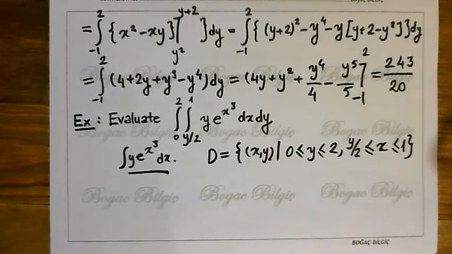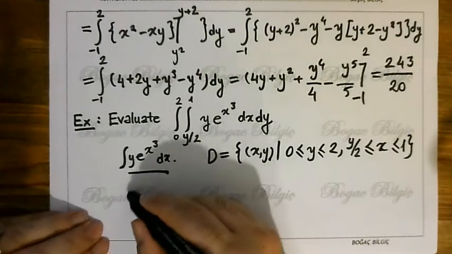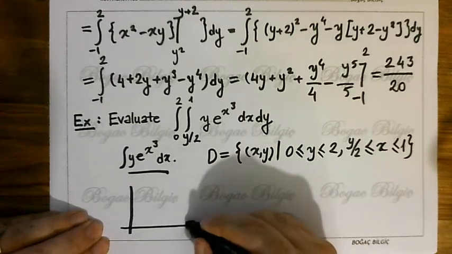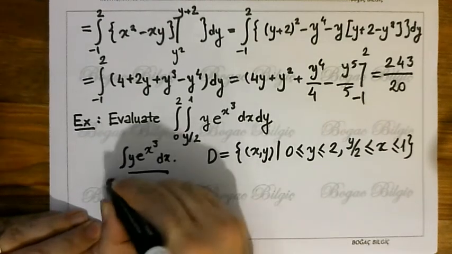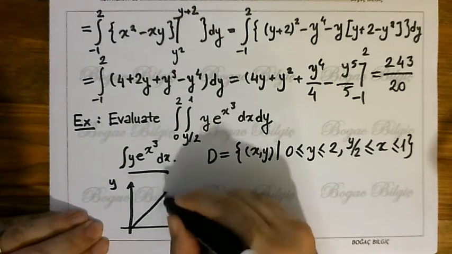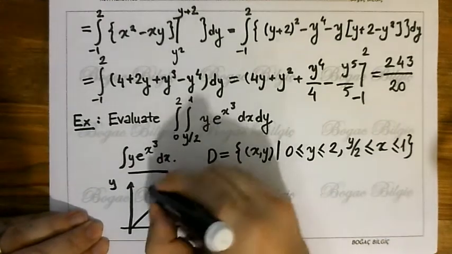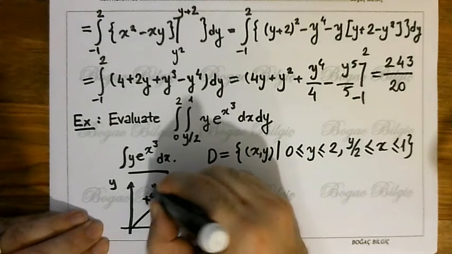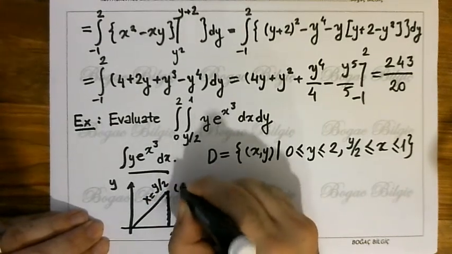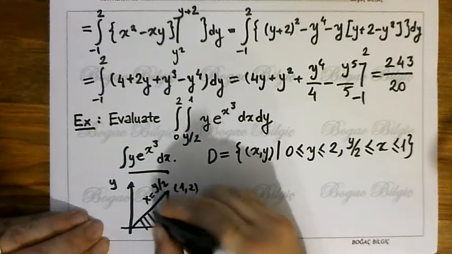We sketch the region D: x equals 1, this line is x equals y/2, and this point is (1, 2).